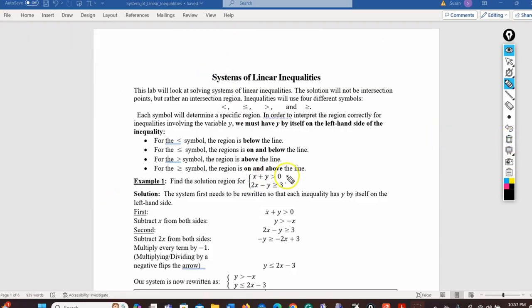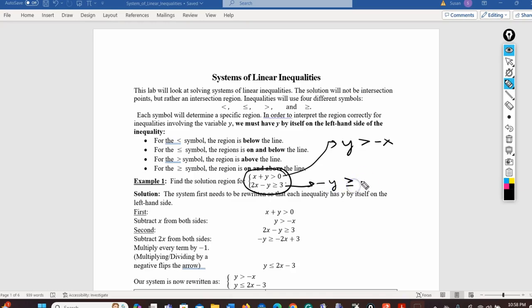All right, so if I want to see these in my graphing calculator, I have to rewrite them with y by itself. So for the first one, I'm going to subtract x from both sides. Subtracting does not change the direction of the arrow. For this one, I'm going to subtract 2x from both sides.